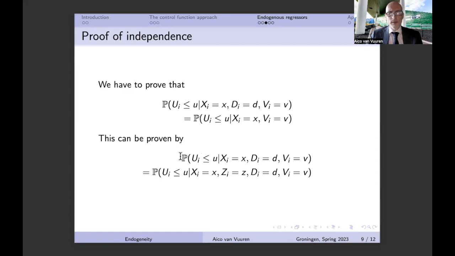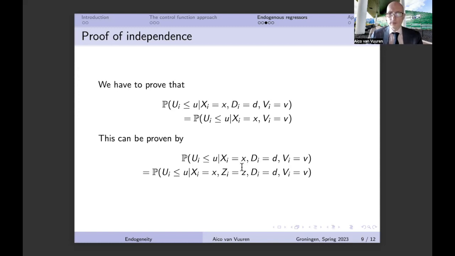What we can do is first rewrite this probability that we have over here as follows. We can first condition on the values of z. So we can condition on a value of zi equal to some z that we have over here.